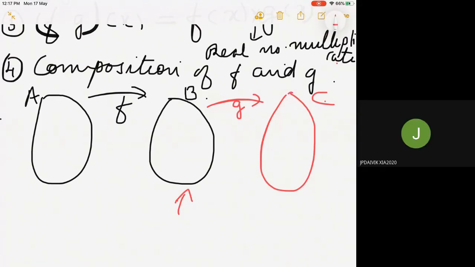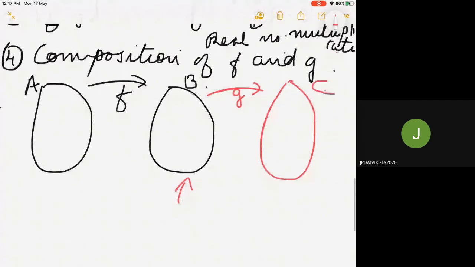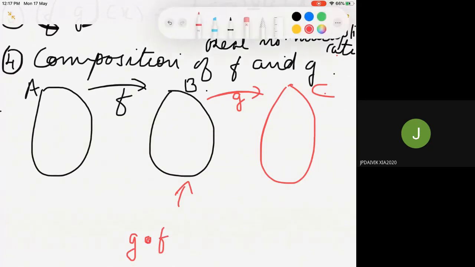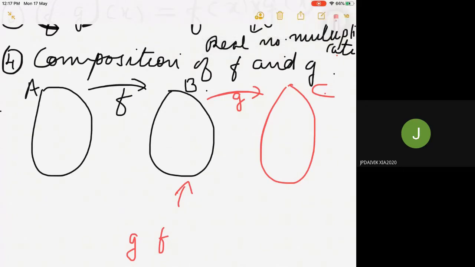After this, we are going to define a new function which is known as the composition of g and f, which you denote with the symbol g, a small o, f. We call it g composition f.